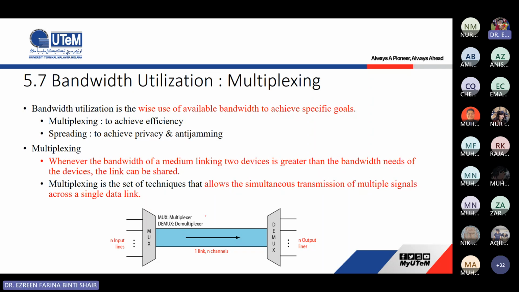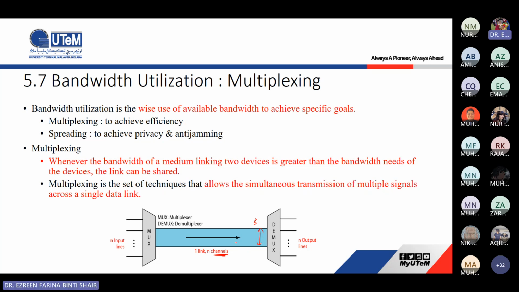You have the input, output, and in between here is the channel. This is what we call the bandwidth of the channel. So bandwidth utilization is how can we actually achieve maximum efficiency for the channel, meaning the wise use of the available bandwidth here.